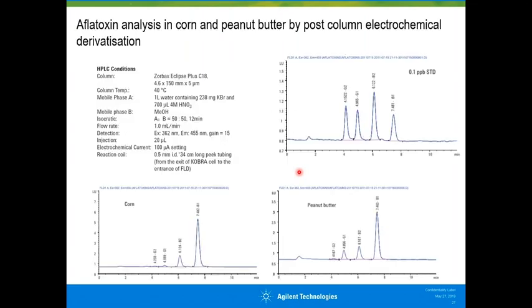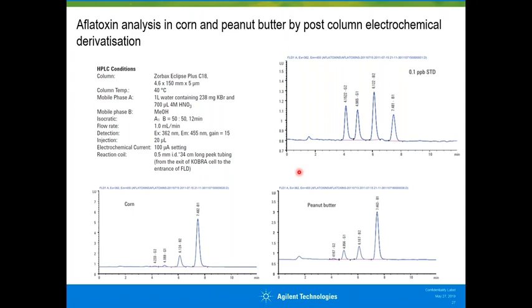Let's talk about a very common application used in any food testing laboratory, which is aflatoxin analysis. There are several techniques available to do this, but the most standard protocol is with an HPLC system using an FLD detector.